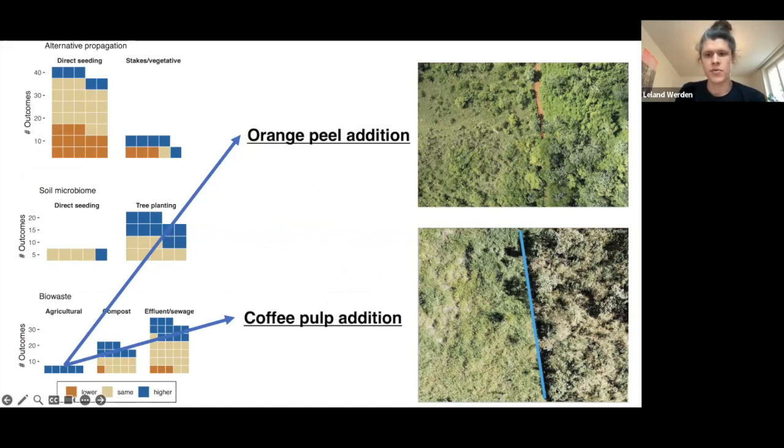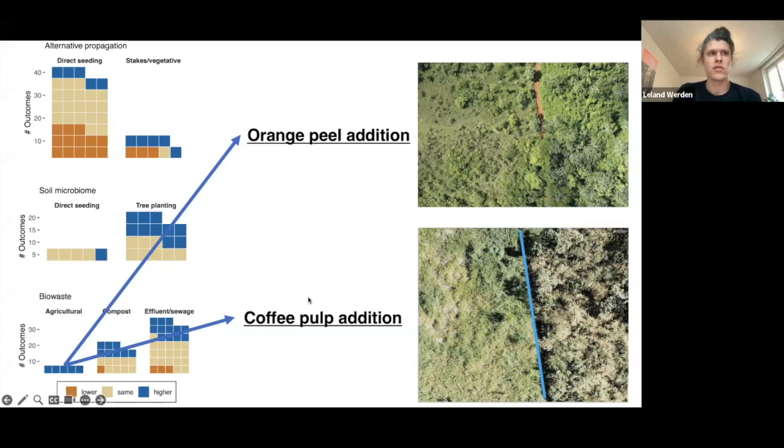And then the same example for dumping coffee pulp on the right-hand side, the faster recovery, and the left-hand side, the slow recovery. So just repurposing some of these resources that we have that maybe aren't used as strategically as we could make some really big differences in restoration outcomes.